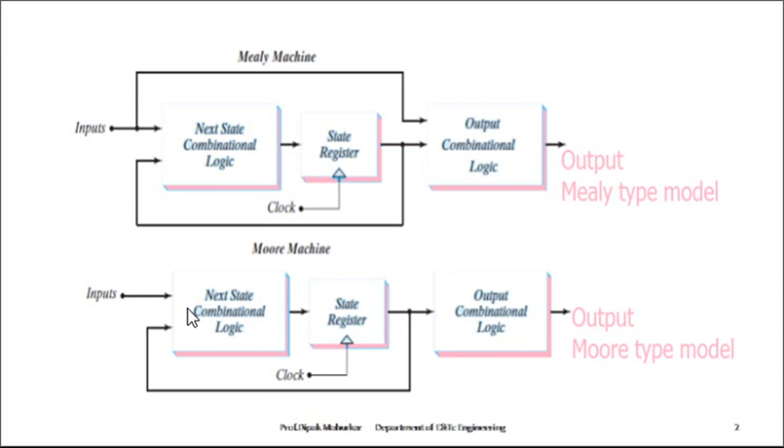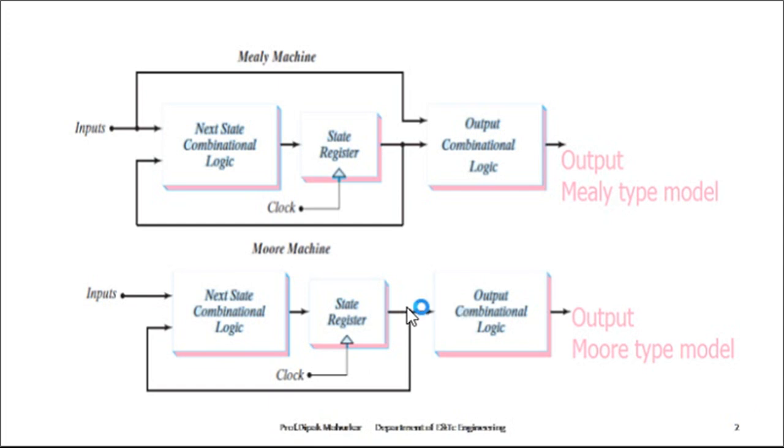Now the Moore representation. The combinational circuit C1 is called the next state decoder. The external input and the feedback signal from the memory elements are applied to the next state decoder. Then the output of the memory elements is applied to the output decoder.